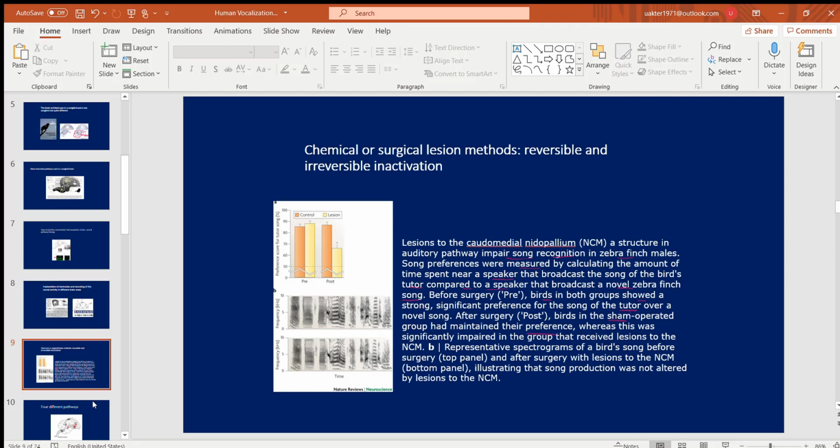So that tells us that this area, NCM, is responsible for the recognition of the tutor's or parent's song. However, song production was intact, was not interrupted or altered by the lesion. So this NCM is not related to the production of song, but it is related to the recognition of the song.